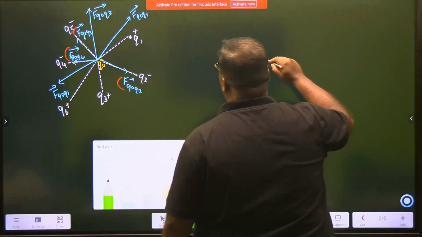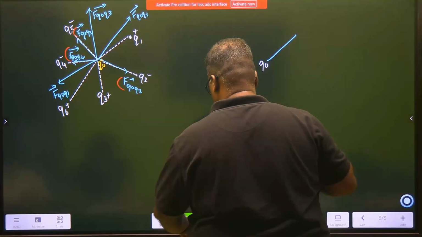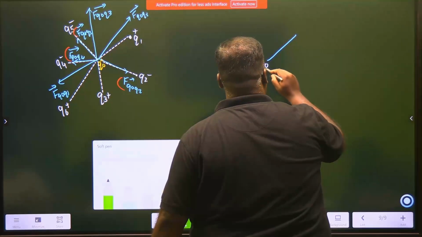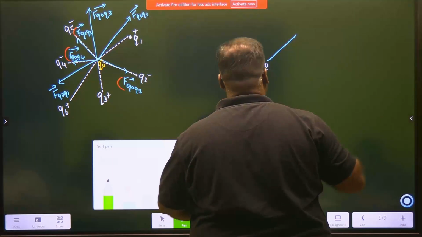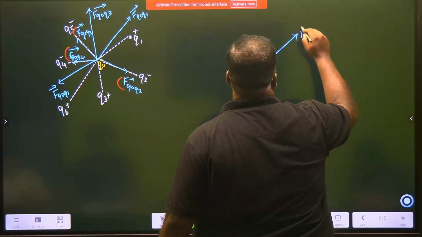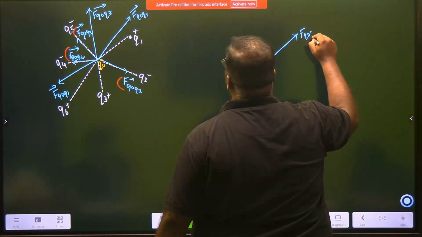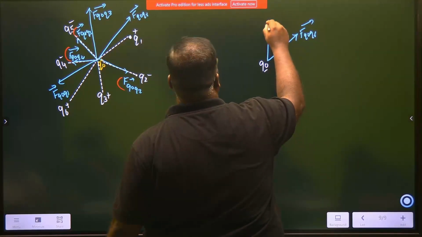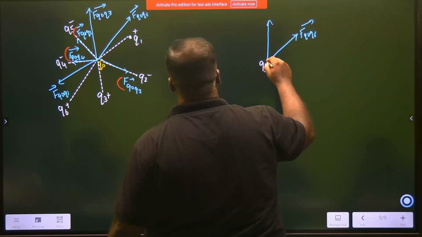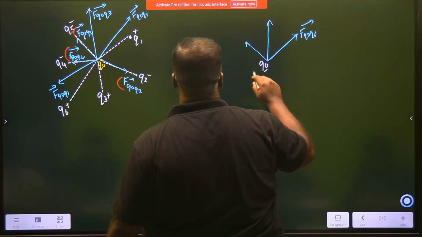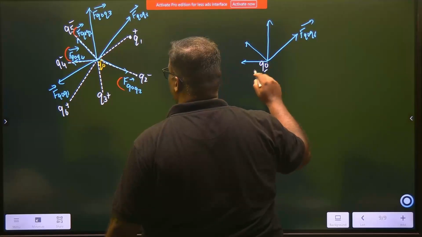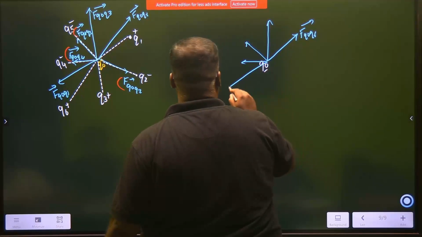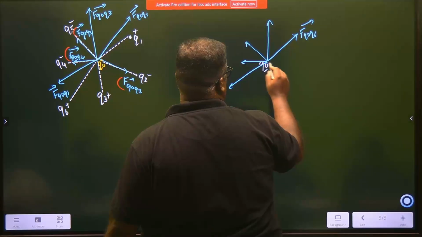See, Q0 has a force on this side, which is F Q0 Q6. Then Q0 has a force on this side, Q0 has a force on this side, Q0 has another force here, and Q0 has another force here.